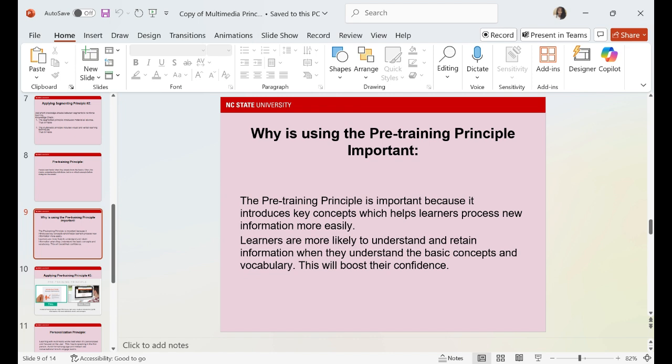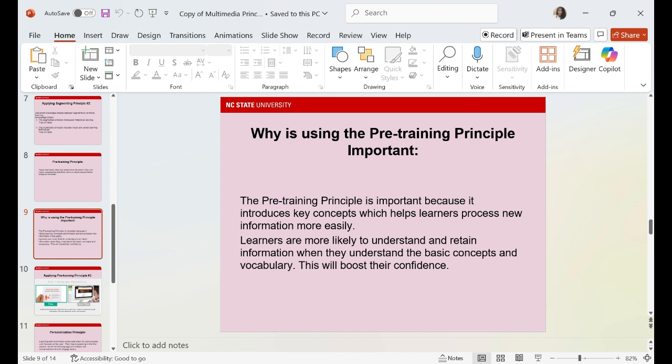It's important because it introduces key concepts, which helps learners process new information more easily. Learners are more likely to understand and retain information when they understand the basic concepts and vocabulary. This will boost their confidence, which is very important.